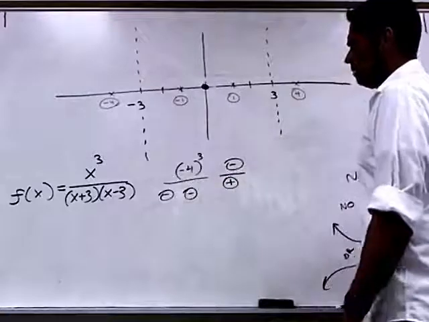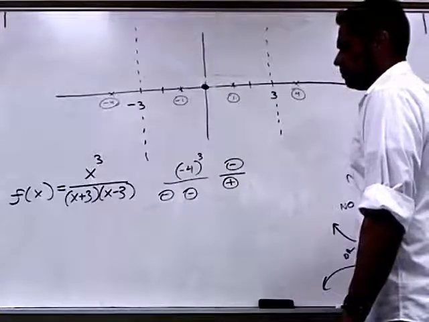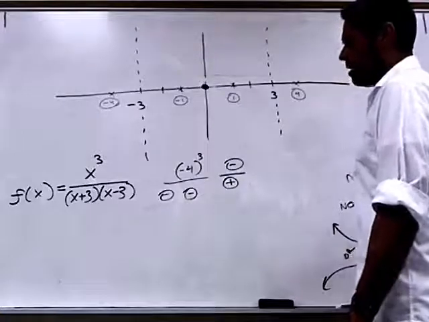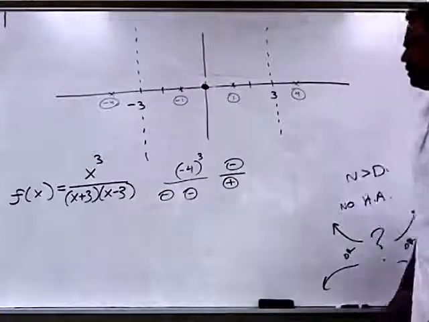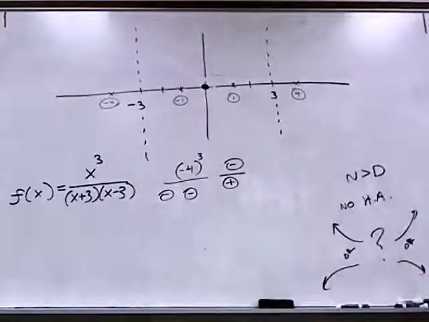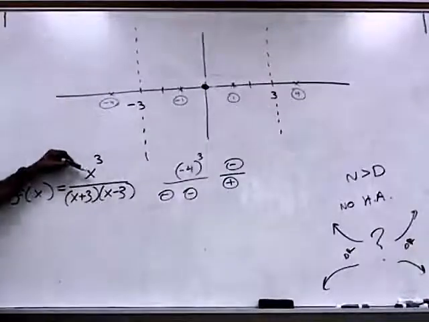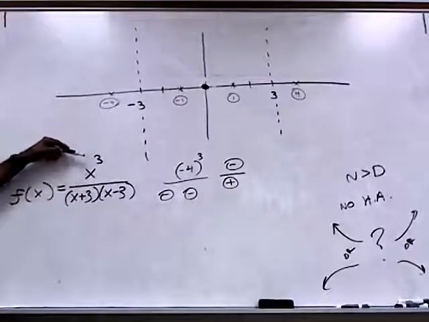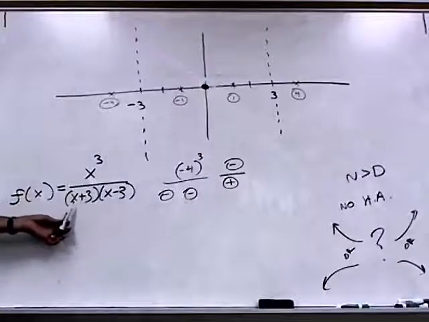Wait, hold on, what the hell? All right? I was telling people their answers were right, but now... It goes down. Well, that's right. Hold on. Negative times negative times negative, right? It's going to be negative. -4 plus 3 is what? -1.